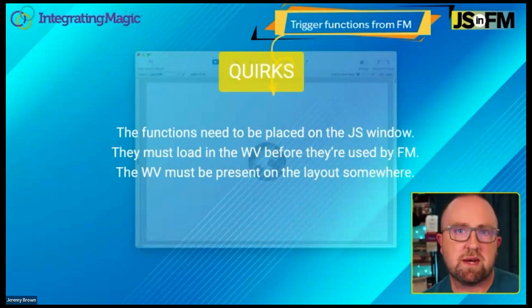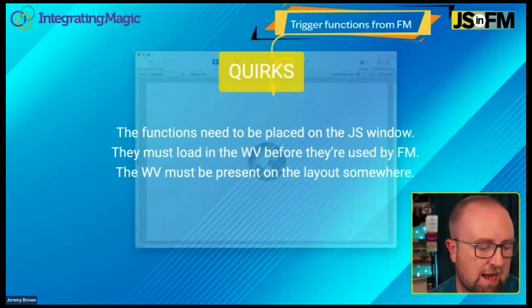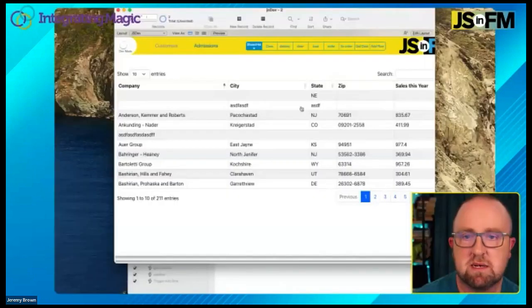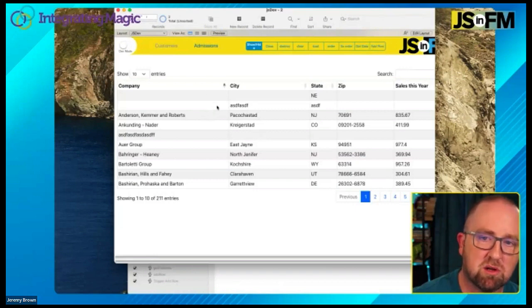We have to make sure that the web viewer is loaded with all of its code before FileMaker can find the functions and work with them. So if I load this web viewer here, when I load it, it has to be all loaded in there.